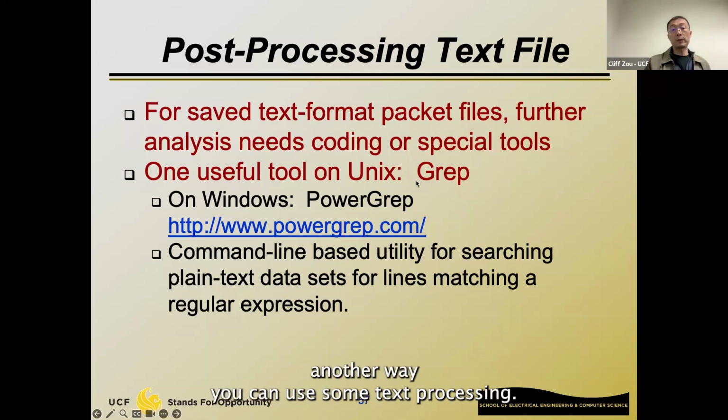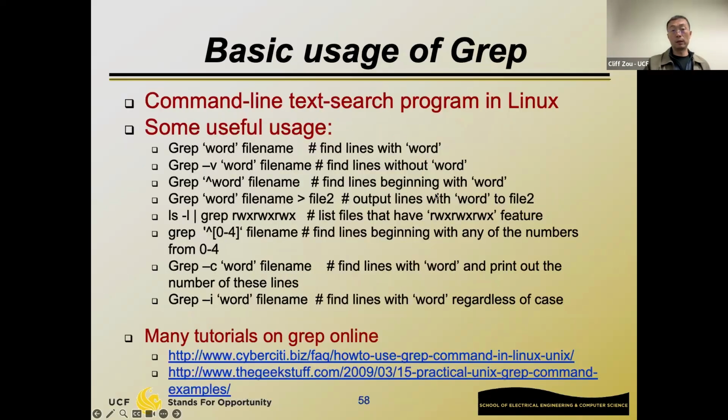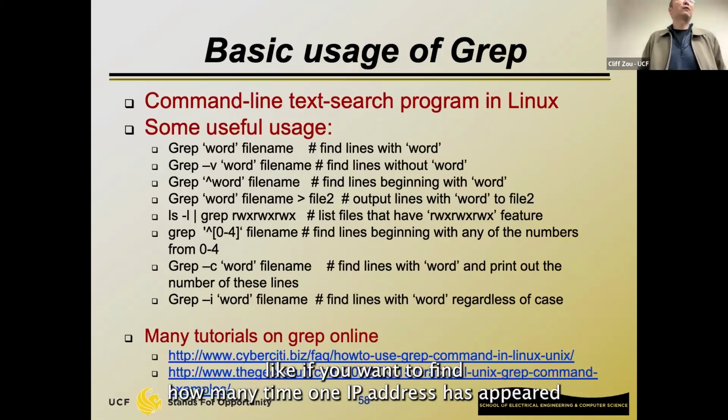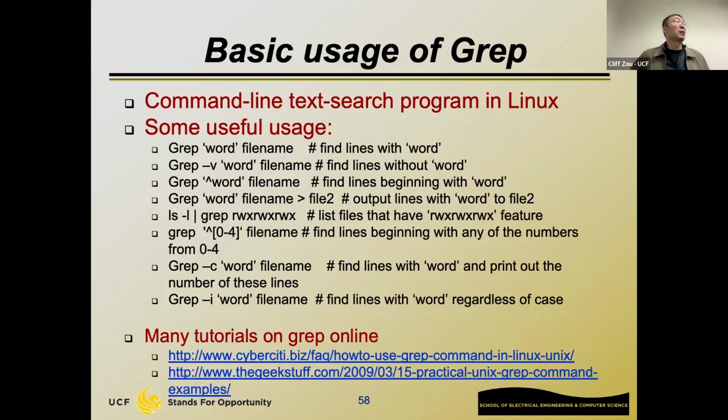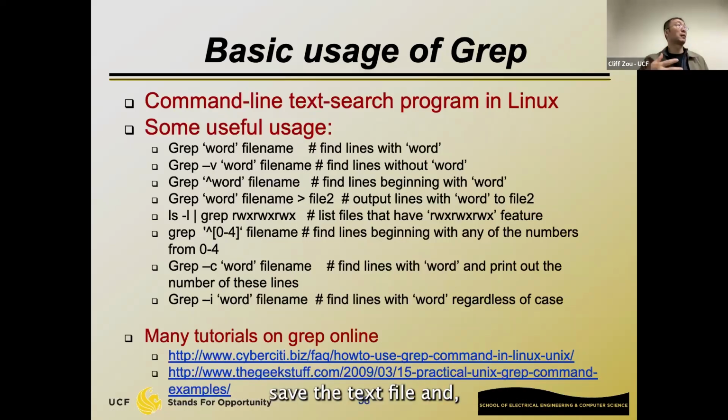Another way is to use text processing tools, like the grep command on a Unix machine. You can use grep to do text searching. For example, if you want to find how many times one IP address has appeared in the captured trace, you can simply run a grep command on the saved text file.